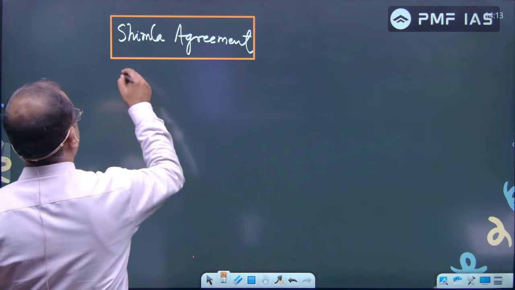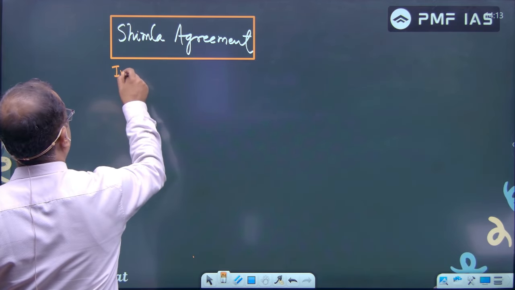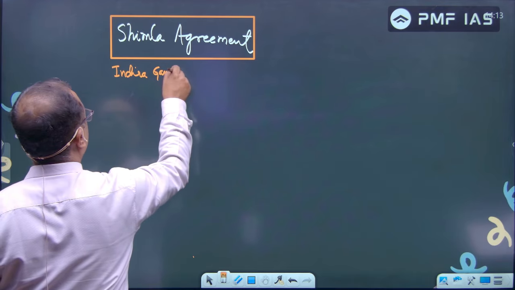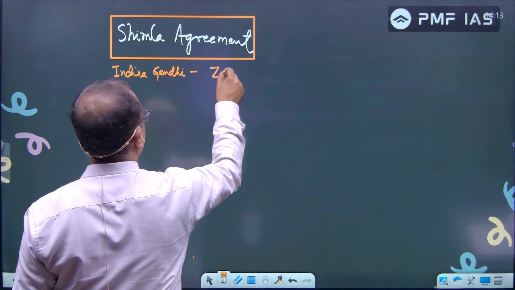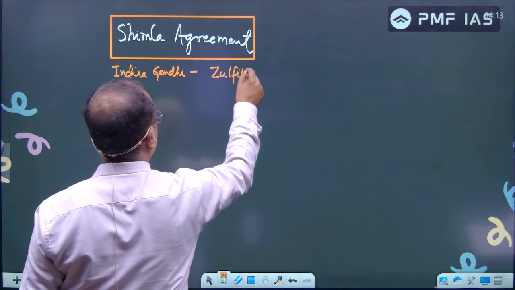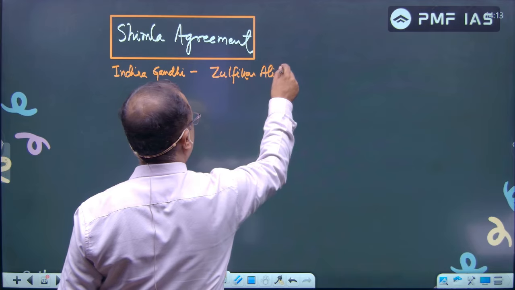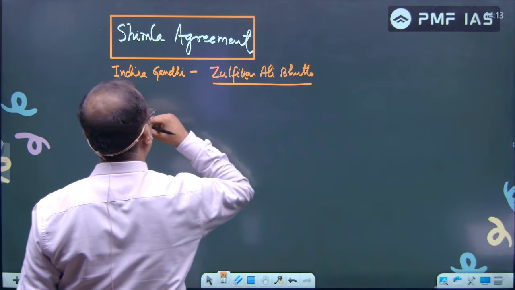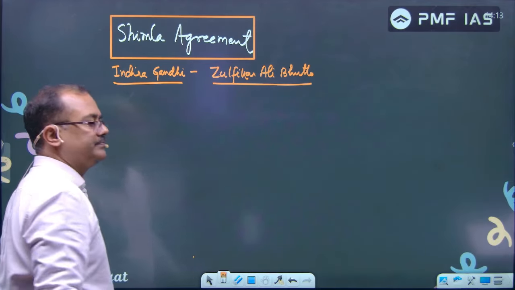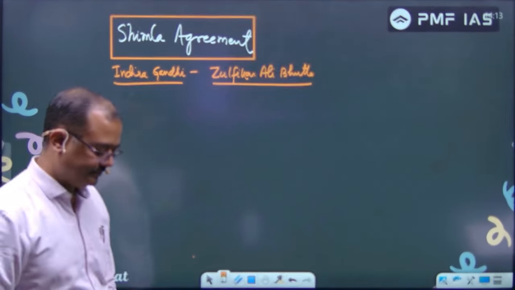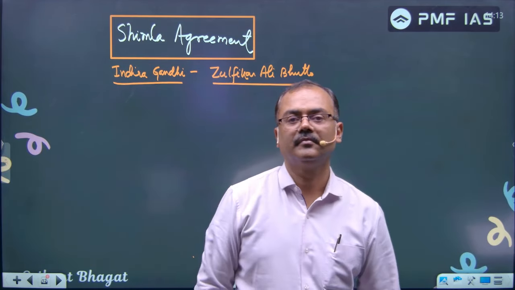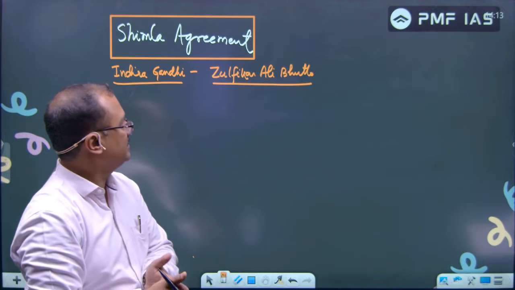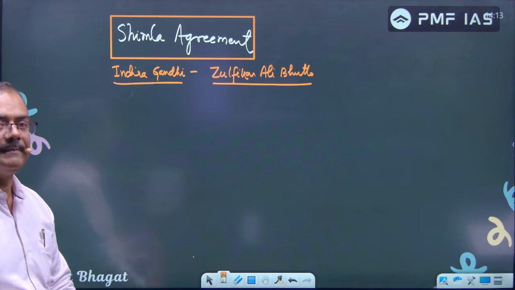This agreement was signed between, on the Indian side, Indira Gandhi, and Zulfikar Ali Bhutto. Okay, Zulfikar Ali Bhutto and Indira Gandhi signed this Simla Agreement.